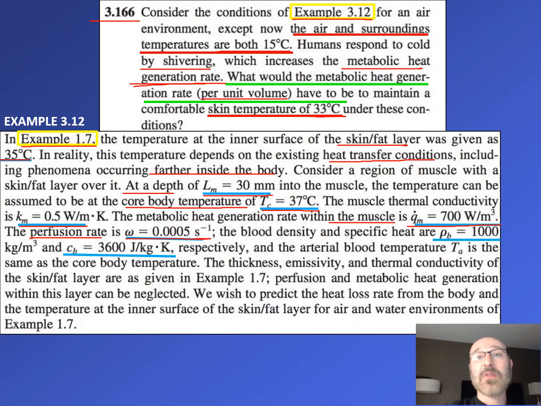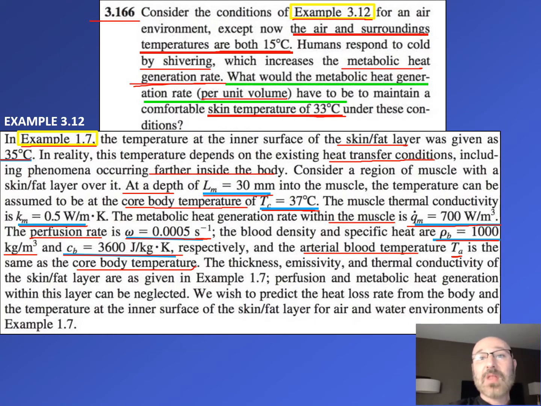The blood density and specific heat are given as rho sub B equal to 1,000 kilograms per meter cubed, and C sub B equal to 3,600 joules per kilogram times Kelvin. They also tell us that the arterial blood temperature, T sub A for this case, is the same as the core body temperature, so T sub A is equal to the T sub C they gave us up there, 37 degrees Celsius.